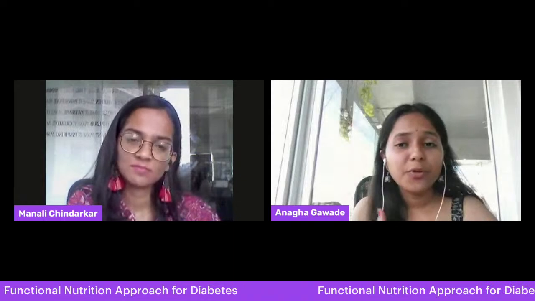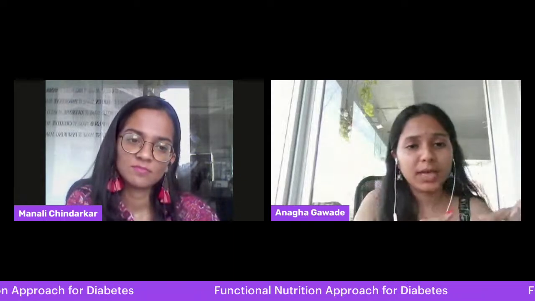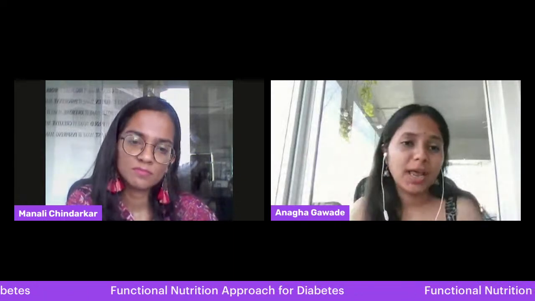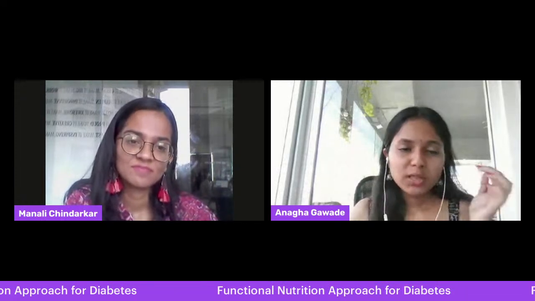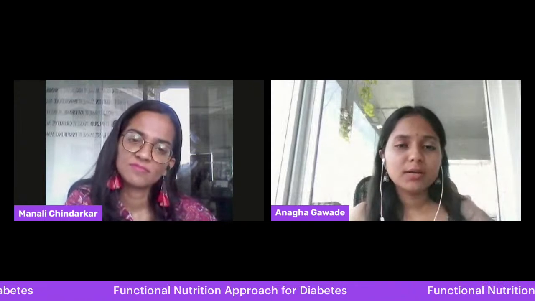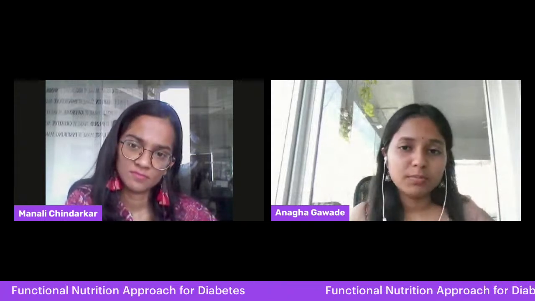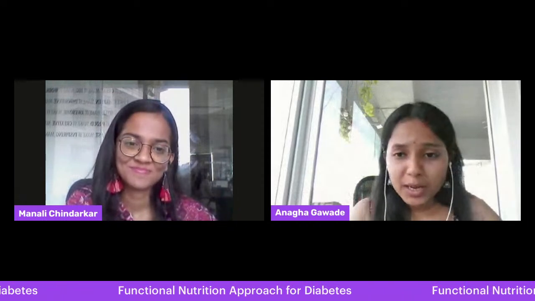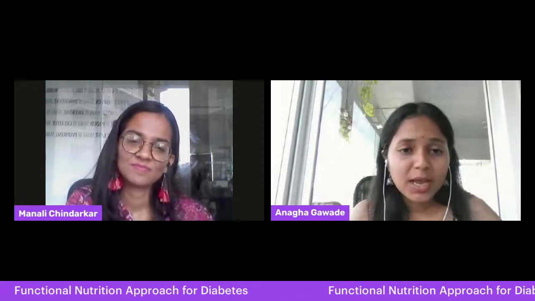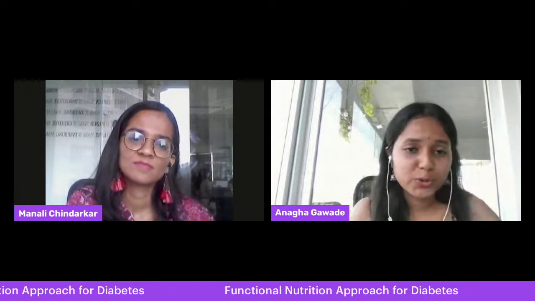Then the excess glucose is converted into glycogen, and further it is used for energy synthesis. Based on this insulin secretion, there are three major types of diabetes we can talk about: type 1 diabetes, type 2 diabetes, and gestational diabetes also.